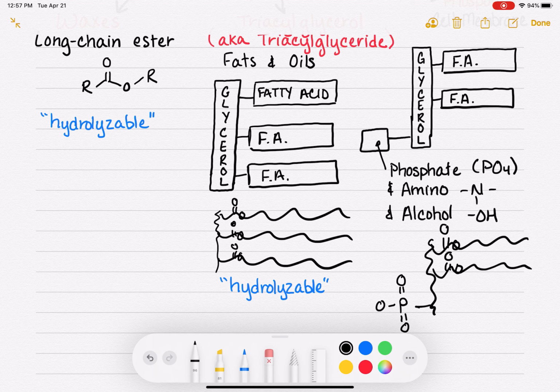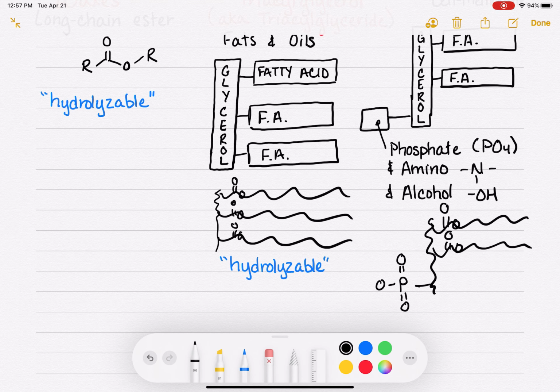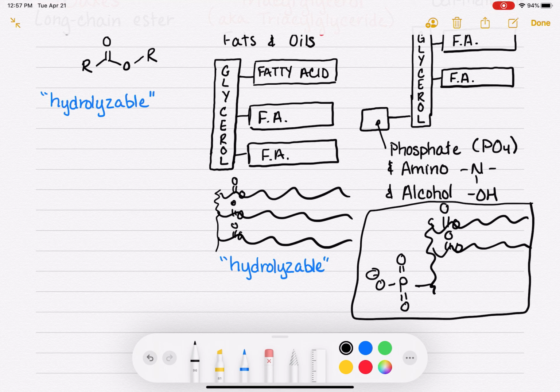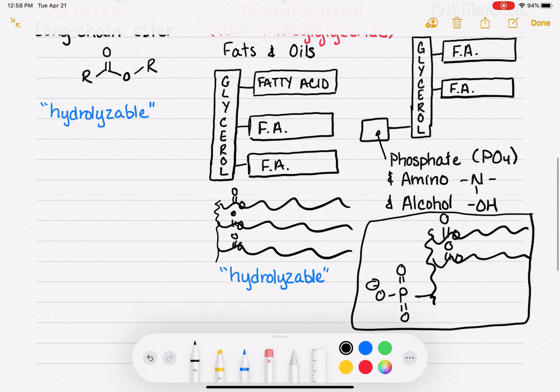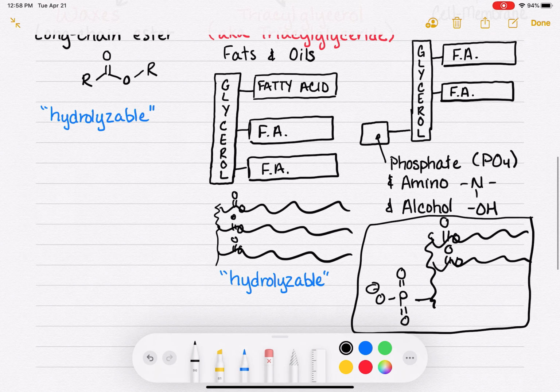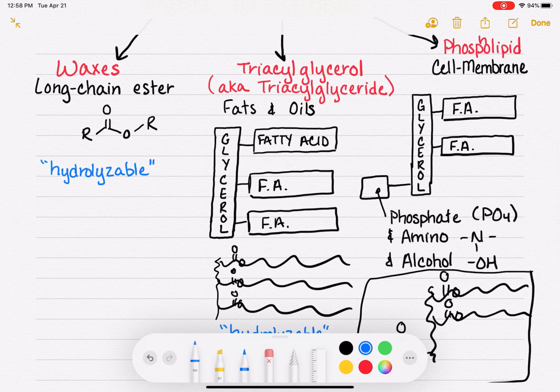It doesn't have the amino or the alcohol, so it's going to look something like this. And it's just an incomplete phospholipid, so be on the lookout for that. Phospholipids are also hydrolyzable. Where can we fit that? Right here. Hydrolyzable, again, meaning that they will react with water.